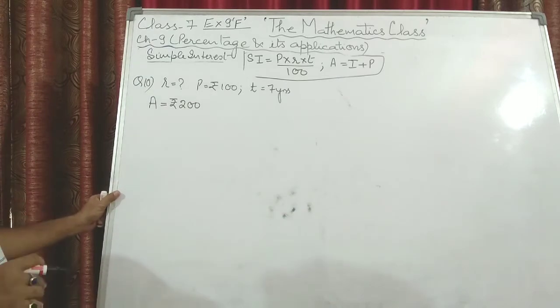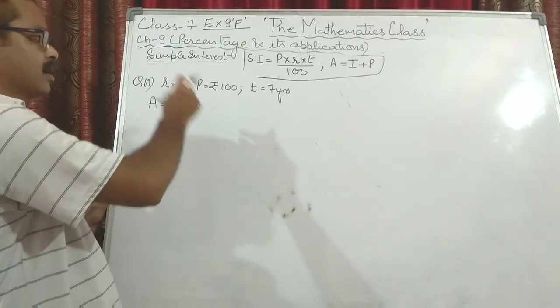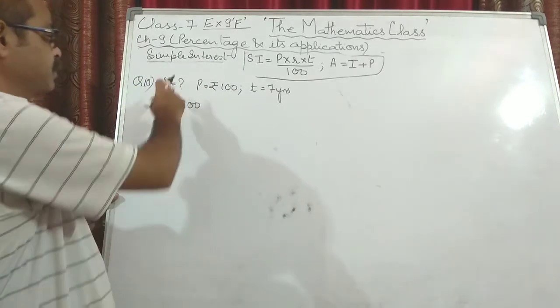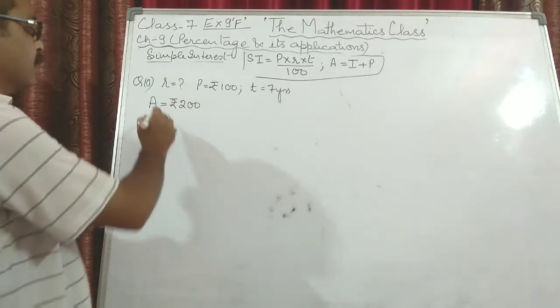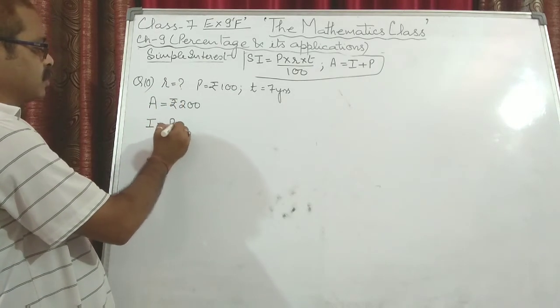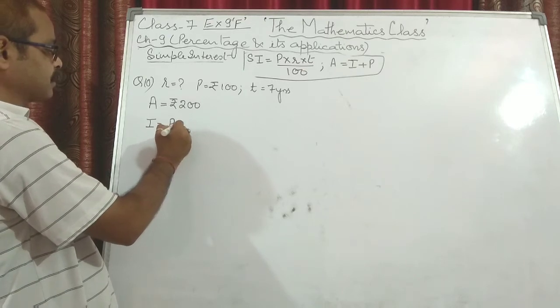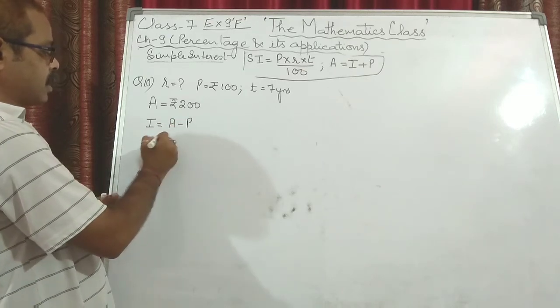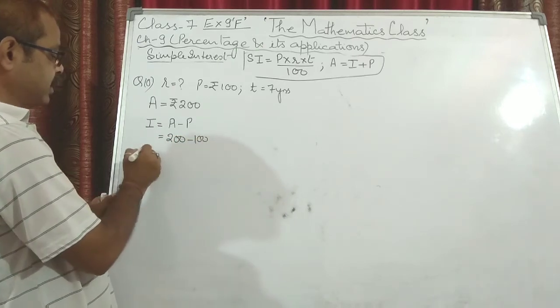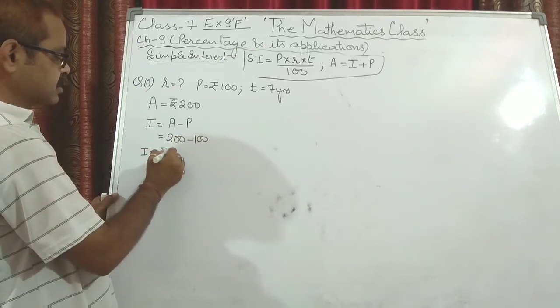So you have to find out at what rate rupees 100 becomes 200 in 7 years. So we have to calculate the rate. To calculate the rate I need interest, and we know interest is equal to amount minus principal. Amount is 200, principal is 100, so interest becomes rupees 100.